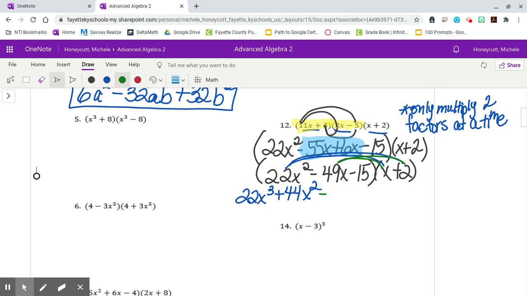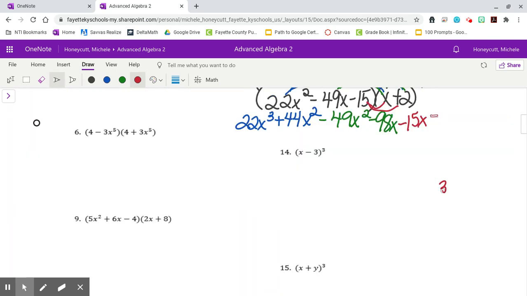So minus 49x squared minus 98x for the 49x times 2. Then negative 15 times x is minus 15x. And negative 15 times 2 is minus 30.